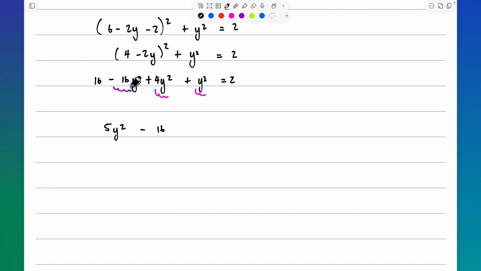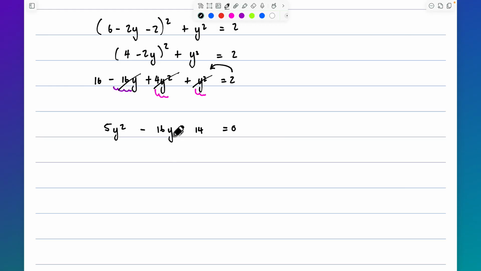Then we take the 2 to the other side, so it becomes negative when it crosses over. Now you have 16 minus 2, which gives you positive 14, and that's equal to 0. So this is our resulting expression.